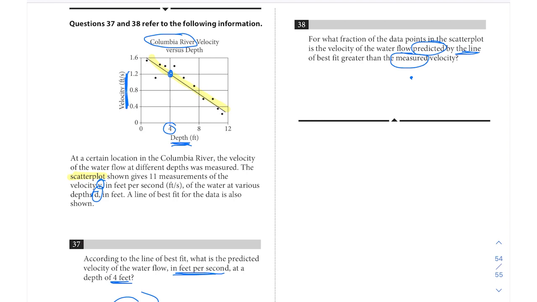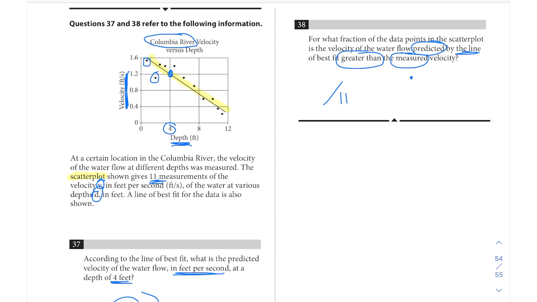So basically they're saying for how many of these points is the line above the dot. And to figure out a fraction of our total, we just have to count. We already know that there are 11 total measurements, so our correct answer here is going to be something over 11. Let's count how many points have the line greater than, meaning the line is above the point.